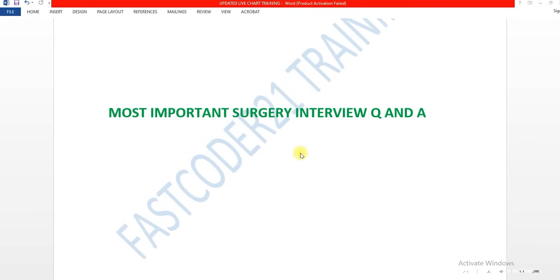So what are the types of NCCI indicators? It will be denoted by 0, 1, and 9. Yeah, perfect. What is the meaning of 1? Whether you will append a modifier or not.